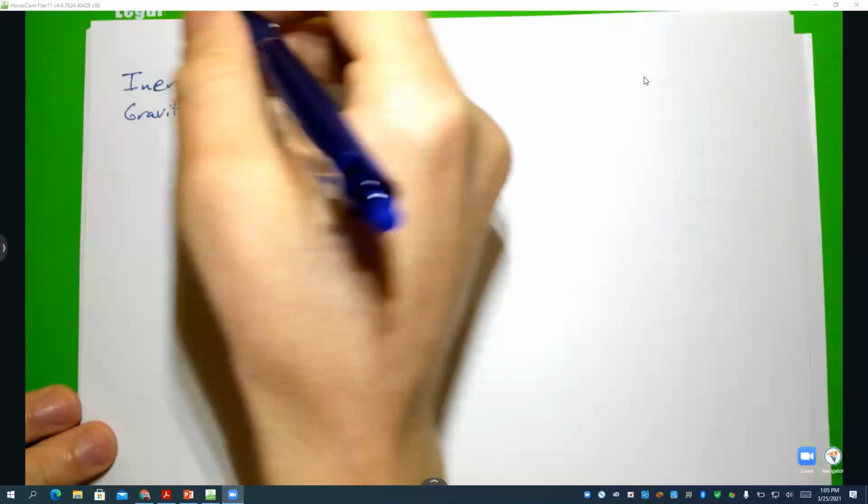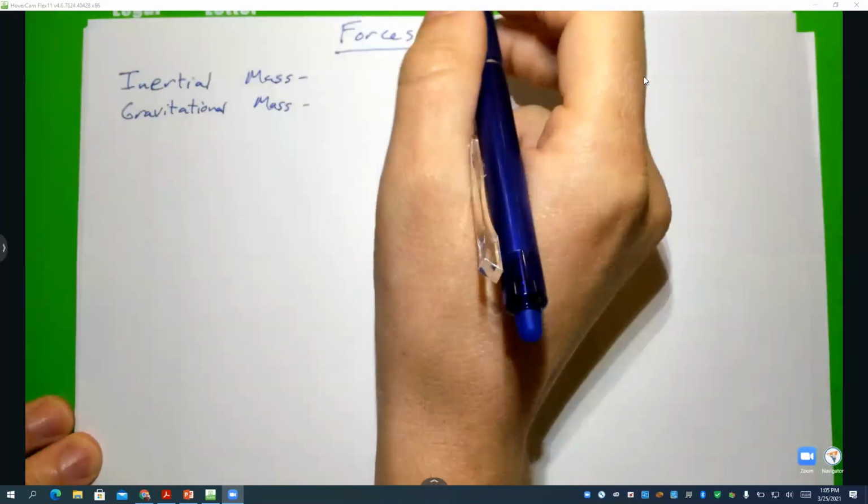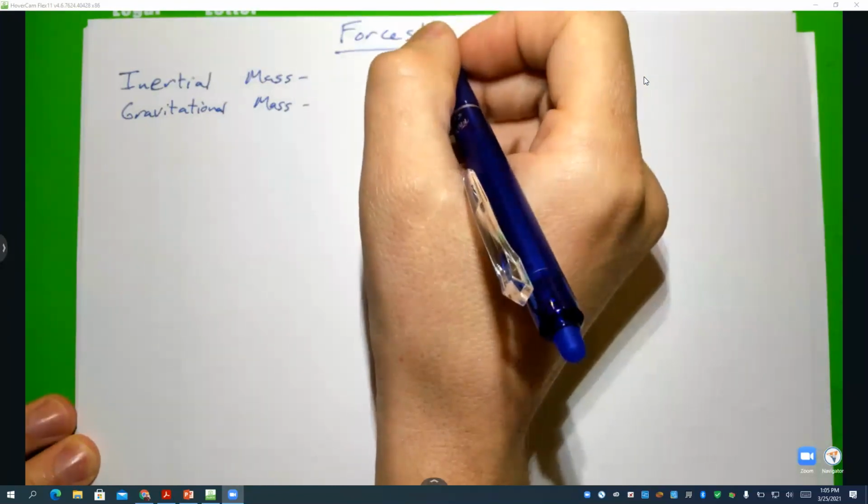The first thing I'm going to do is talk about the difference and the similarity between inertial masses versus gravitational masses.